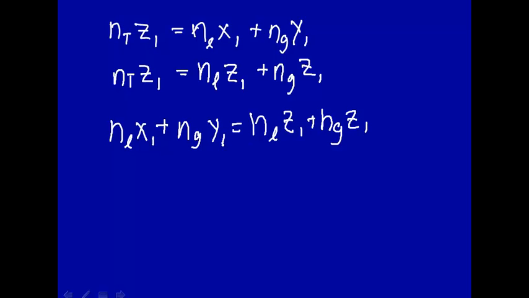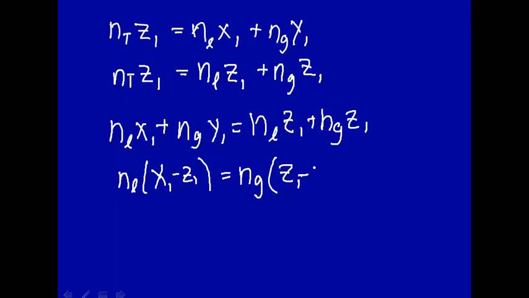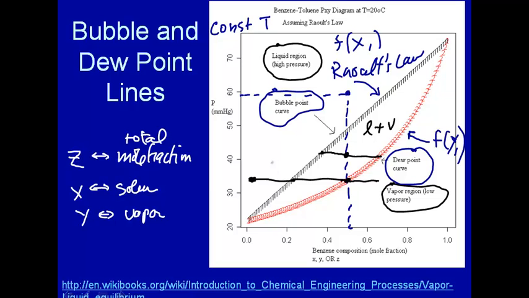We can rearrange this. Let's say the total number of moles in the liquid phase times x1 minus z1. So we took that one and put it over here. We're going to take this one and put it over there. Take out the total number of moles in the gas phase, z1 minus y1. All right, let's look at these two quantities. This we'll call L1, and this we'll call L2. x1 minus z1.